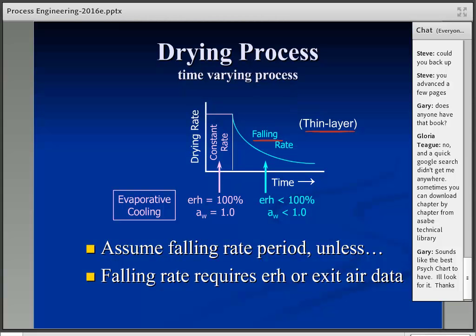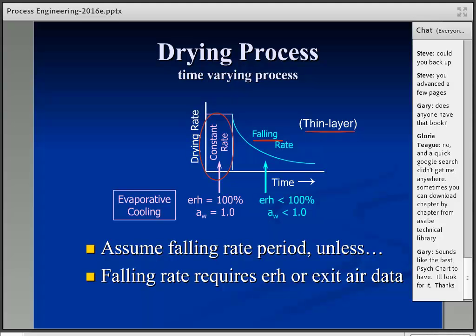There is a constant rate period that can occur in some materials. That only occurs when materials literally have liquid moisture on them. If you've got some kind of fruit or vegetable that's drying, it starts off with liquid on the surface. It'll dry at a constant rate as long as that liquid's on the surface, and it's an evaporative cooling process. Again, evaporative cooling and drying processes are about the same.